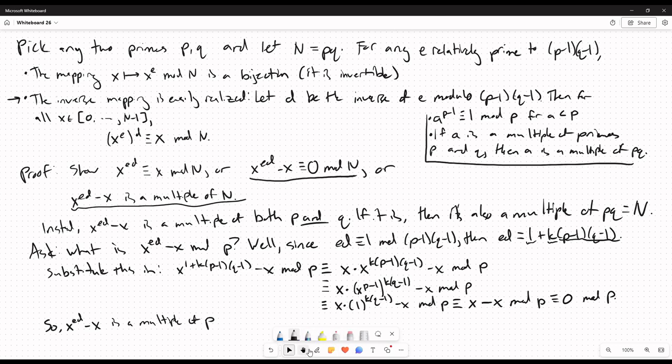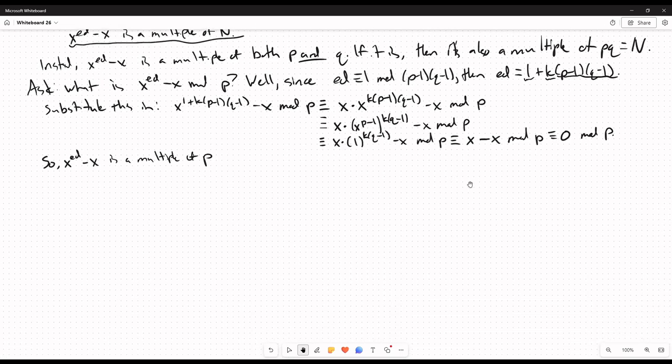Let me get myself a little bit more room here. By the exact same argument, x to the power of ed minus x is a multiple of q.